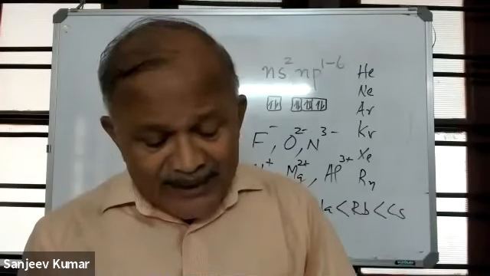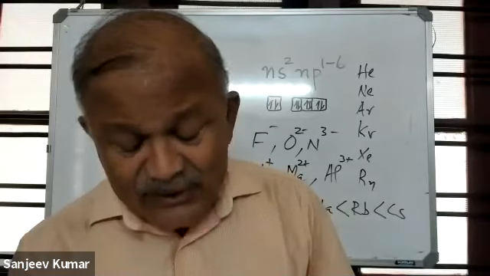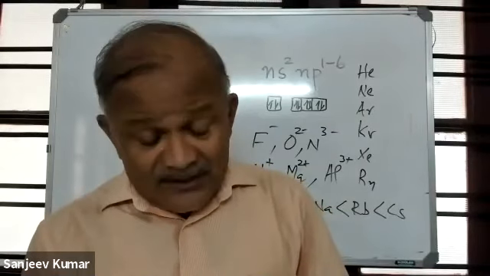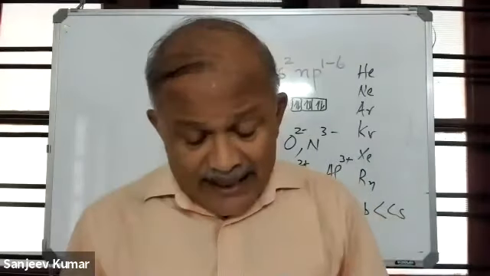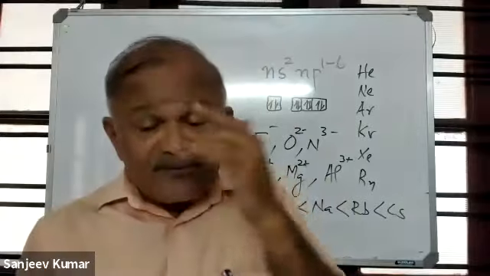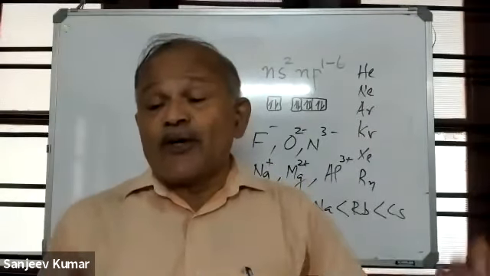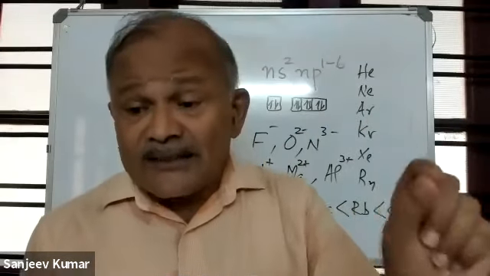Manganese 3 plus, manganese is 25, and if 3 electrons are removed, there will be only 22 electrons. And Fe3 plus, iron atomic number 26, if 3 electrons are removed, there will be only 23 electrons. Therefore, the correct choice is cobalt 3 plus.